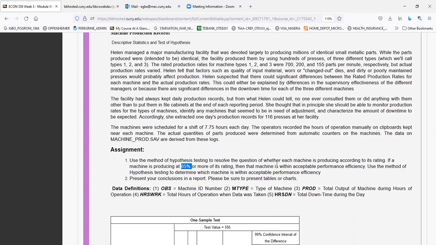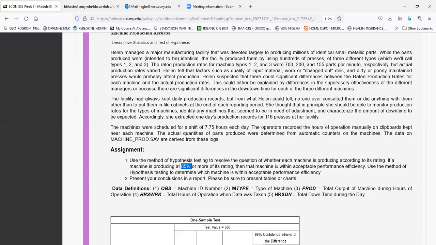So now the question is, use your calculator and calculate 85% of 700. What does it give you? 595.